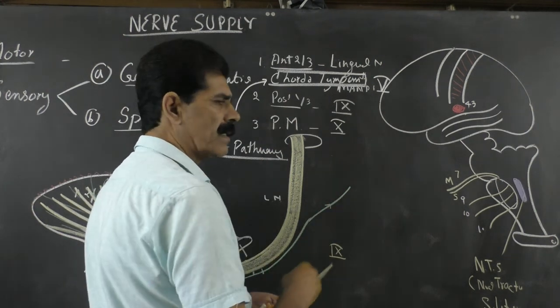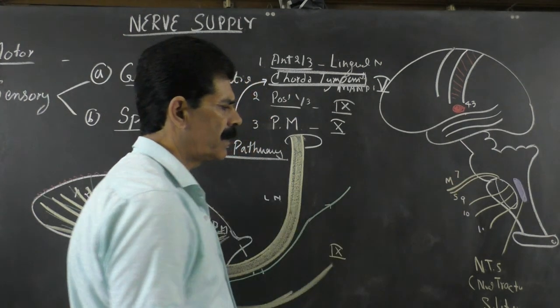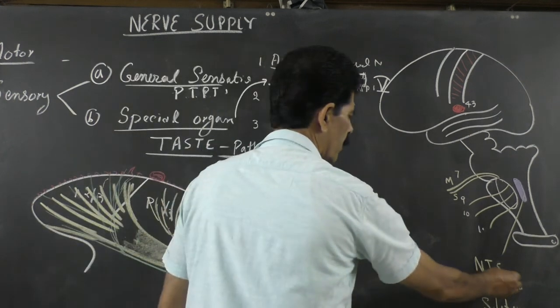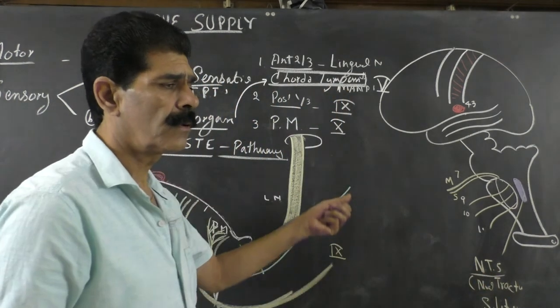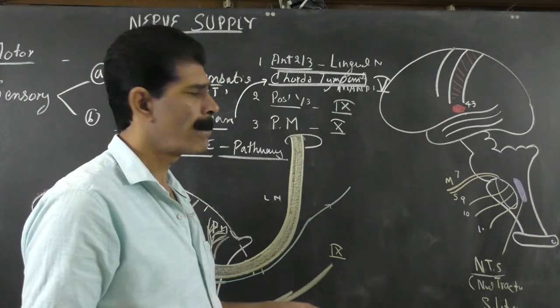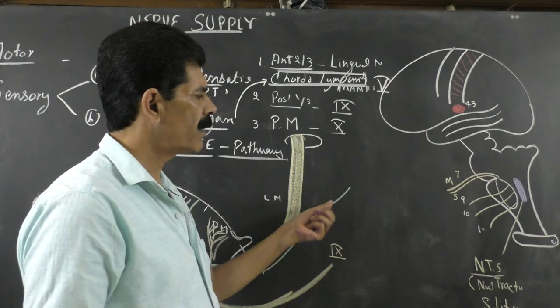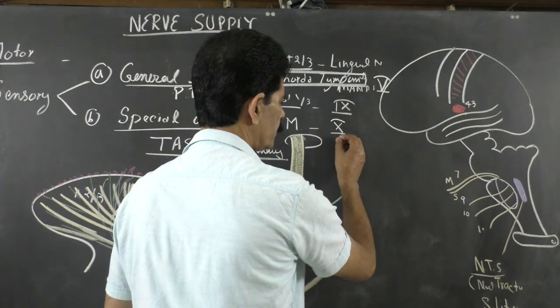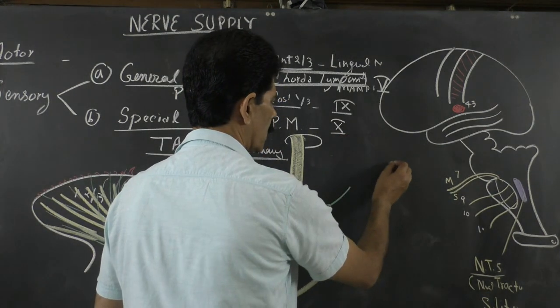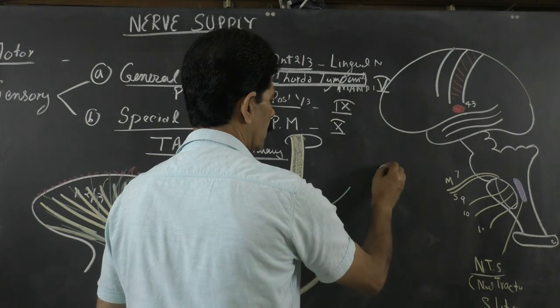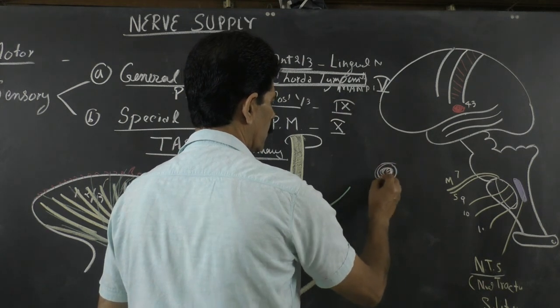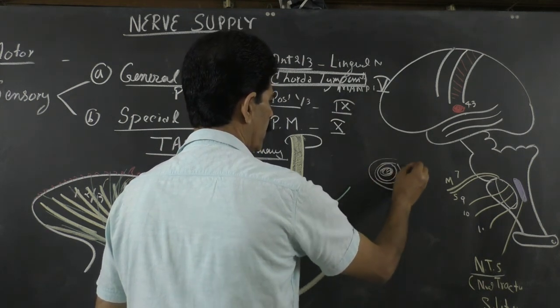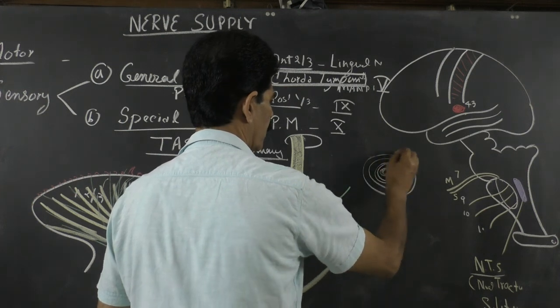now they want to go inside the NTS. For that they have to pass through the skull. So these fibers go to the tympanic fissure.